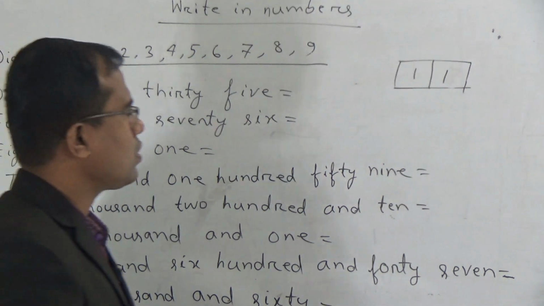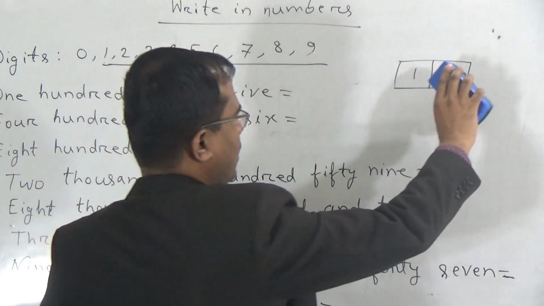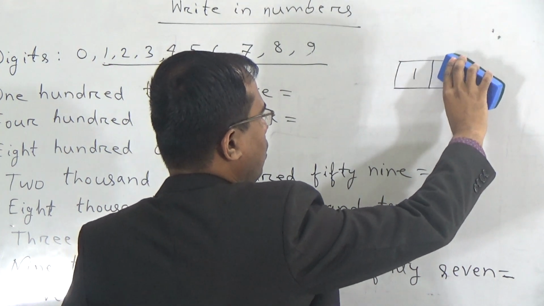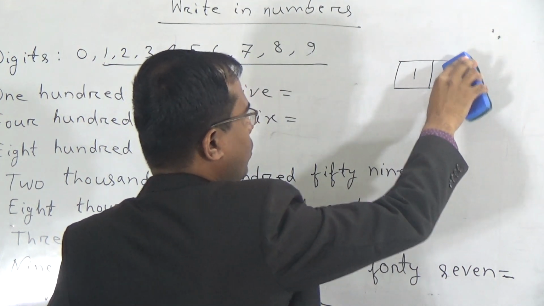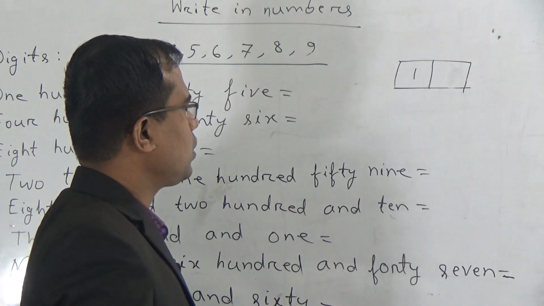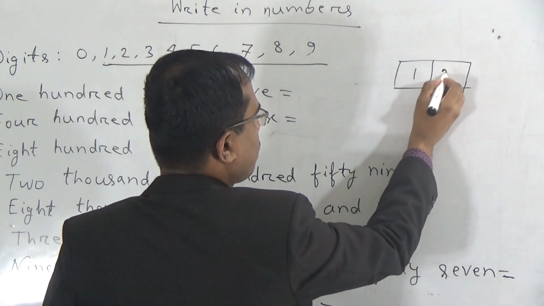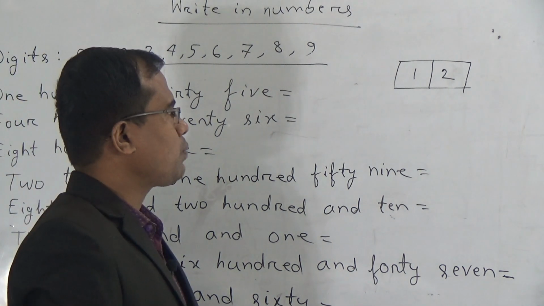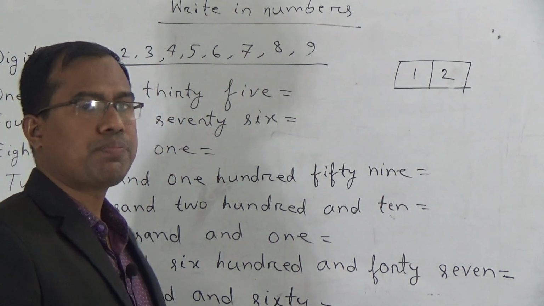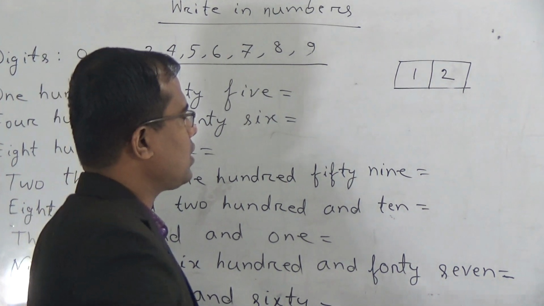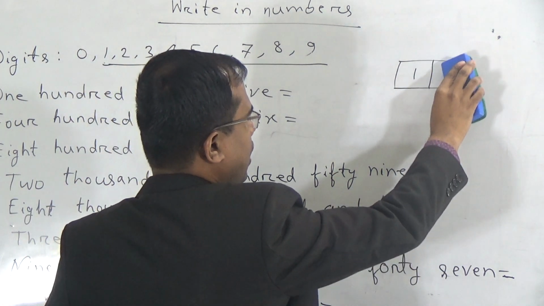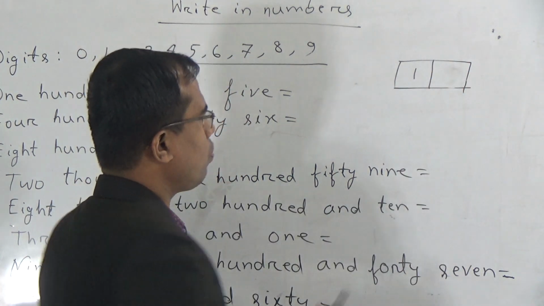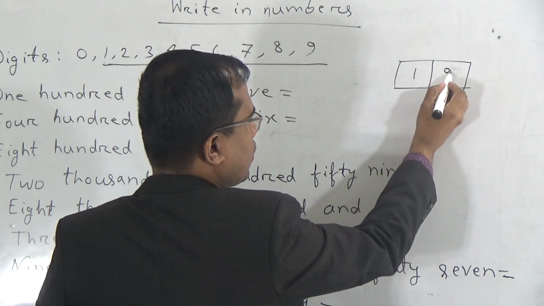If we want to write 12, we just change the symbol of ones place. Here instead of 1, we can write 2. And in this process, we can write up to 19. For symbolizing 19, we can write 9 in ones place.